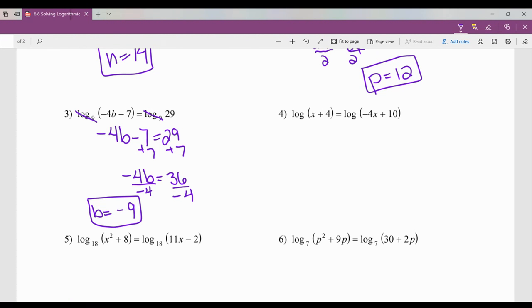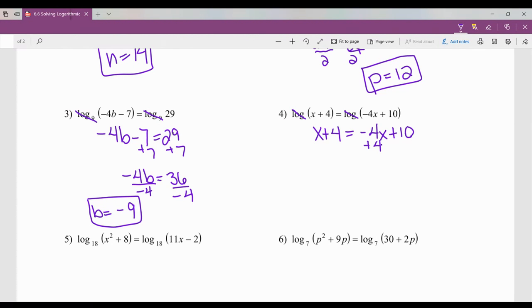All right, number 4, we have log. When there's no base shown, it's base 10. Log base 10 of x plus 4 equals log base 10 of negative 4x plus 10. So we can cancel out the 1 log and the 1 log. So we've got x plus 4 is equal to negative 4x plus 10. So what I'm going to do is I'm going to bring all my x's to one side.